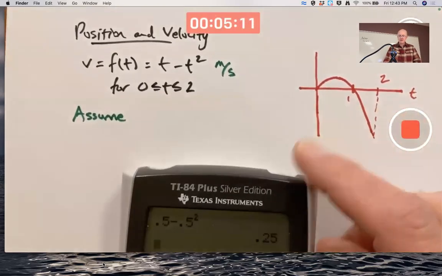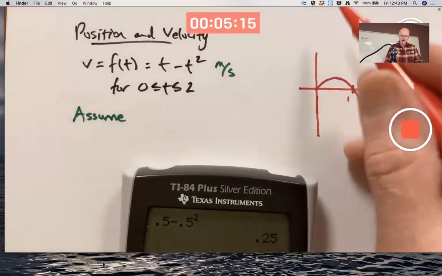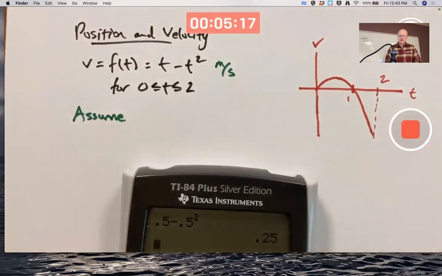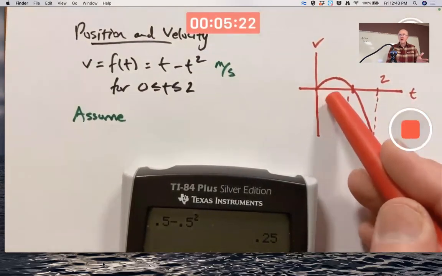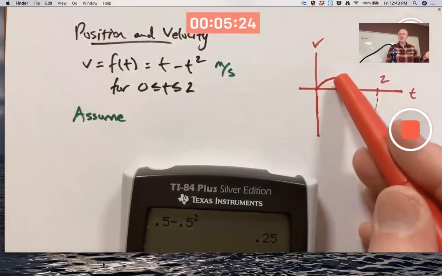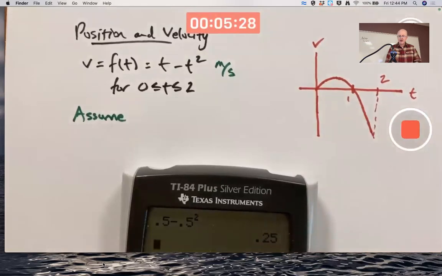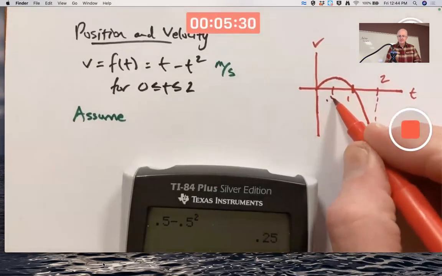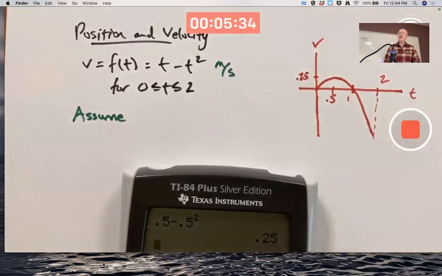In fact, think about it with me here. The fact that the velocity at time 0 is 0 means at the initial moment you're not moving. But right away you start moving to the right because the velocity becomes positive. When t is 0.5, your velocity is 0.25, and that's as high as the velocity goes positively.